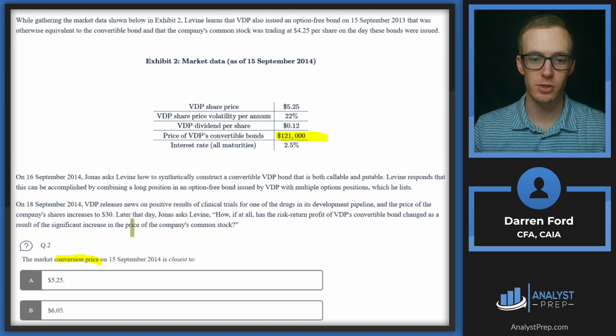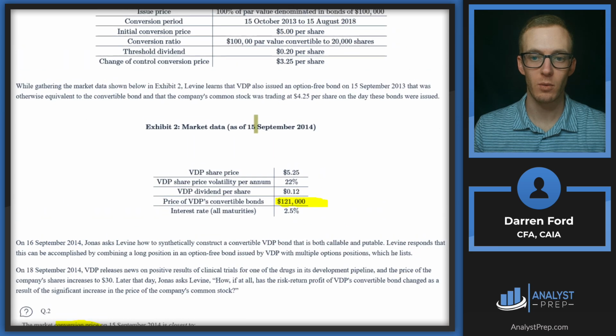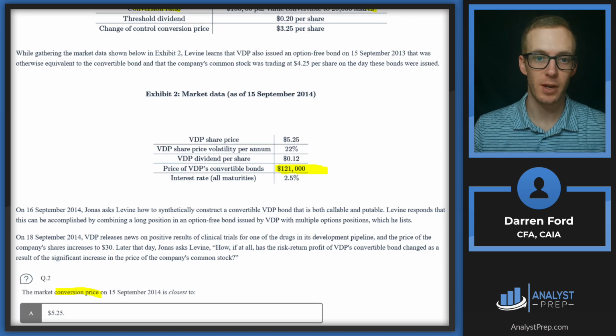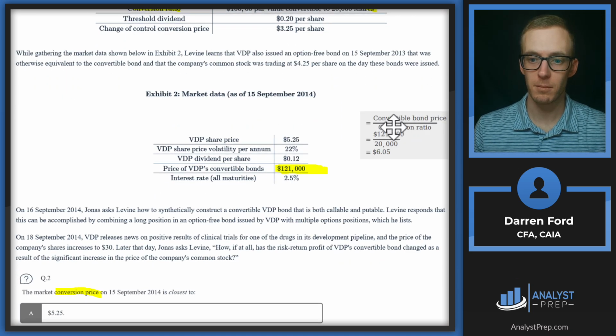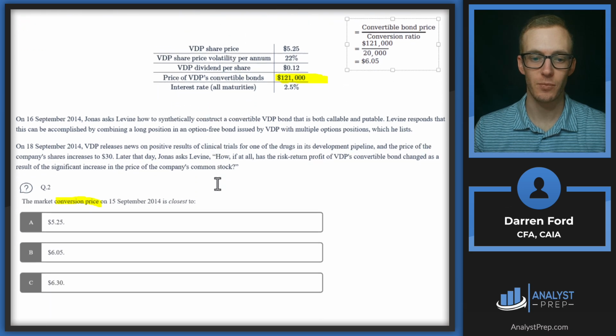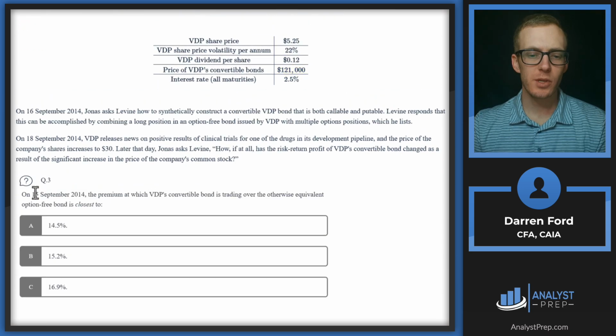And then we need the conversion ratio, which is given up here in Exhibit 1, so we need to do a little digging back here at 20,000. This will be pretty straightforward. We'll have the convertible bond price over the conversion ratio, which gives us 121 over 20, and 605 as that answer, which gives us B.